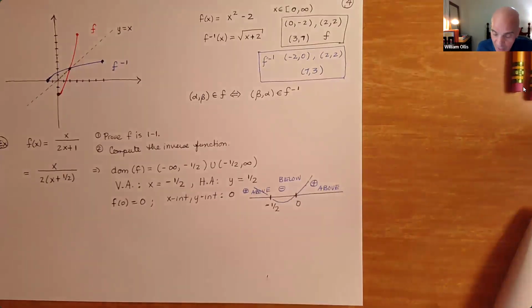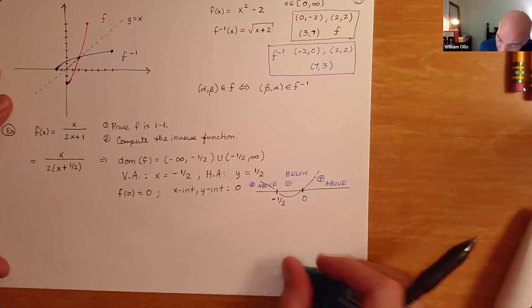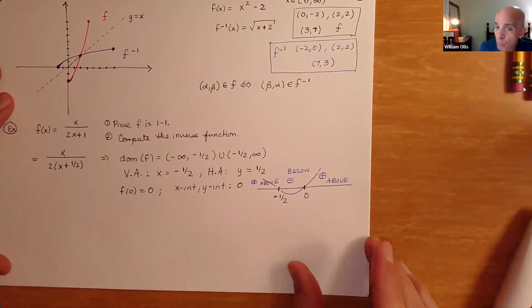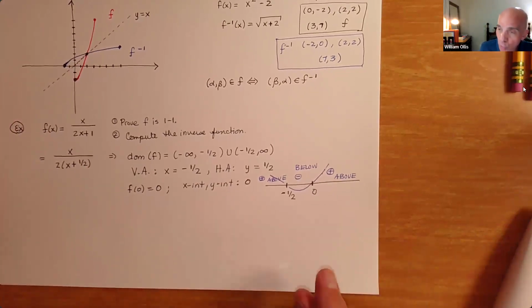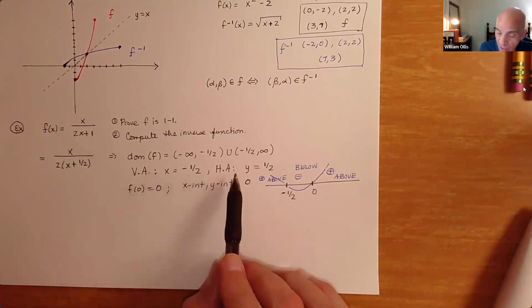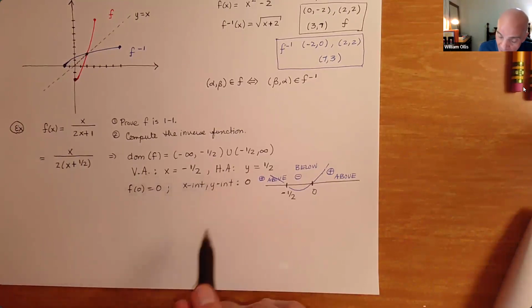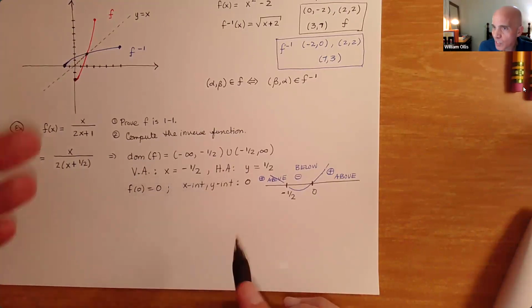It doesn't prove that it's 1-to-1, but it certainly gives us information that will be very helpful when we draw the function. Now, one thing that's important when we have the interchange of x and y, the vertical asymptotes become horizontal and the horizontal become vertical. And then, of course, the intercept doesn't really change. So that's just 0, 0.